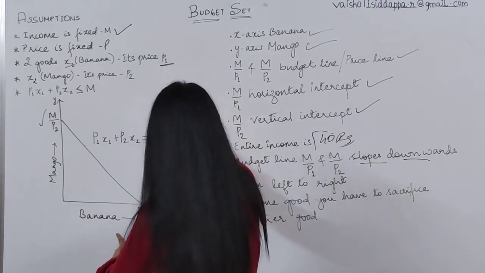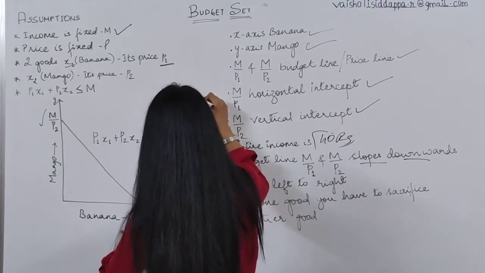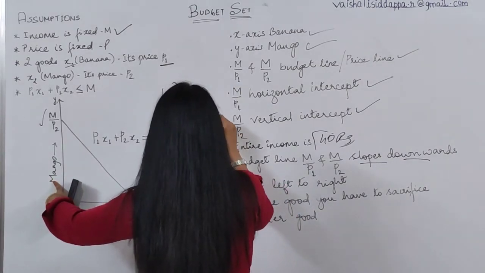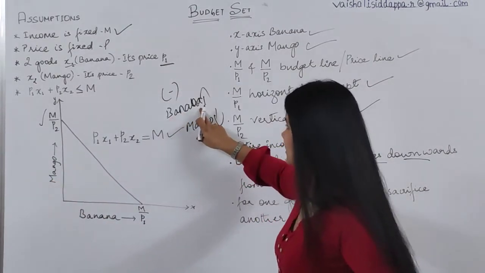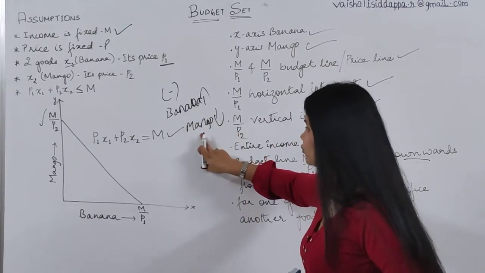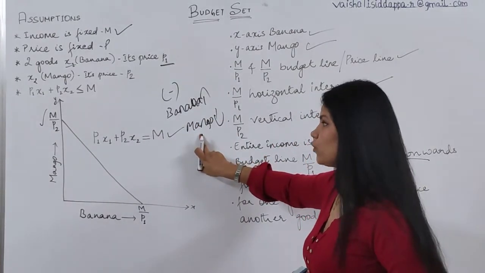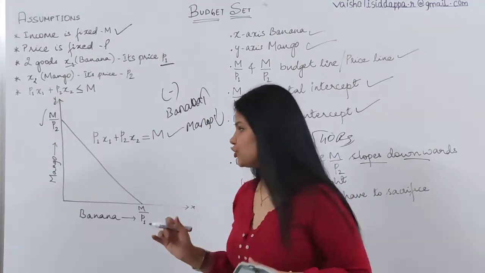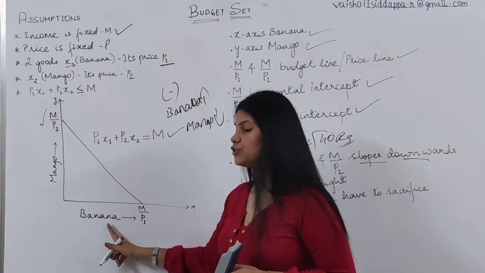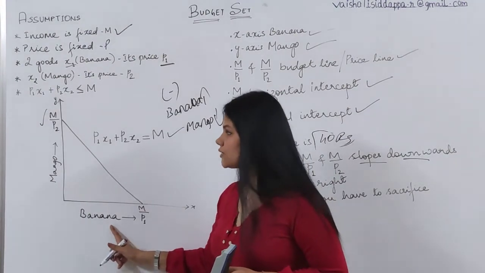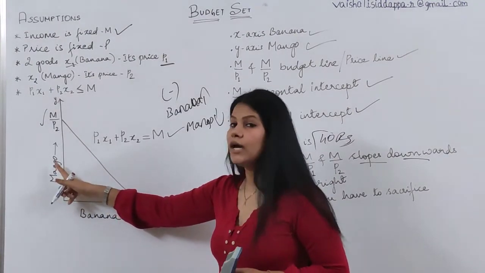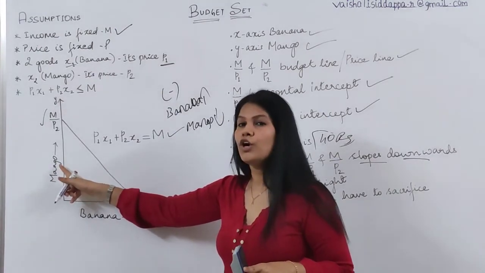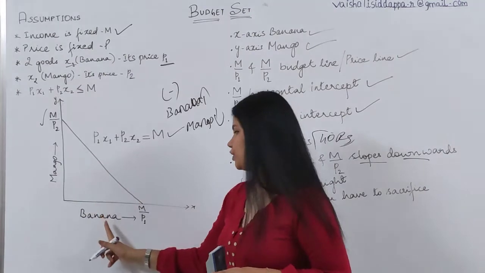Because if you want to increase banana consumption, you have to reduce mango consumption. Both the variables move in the opposite direction. If you want to buy more units of banana, you have to sacrifice some units of mango. Otherwise, if you want to buy more units of mango, you have to sacrifice some units of banana.